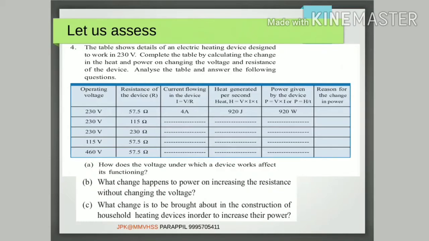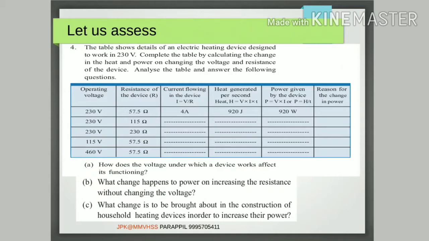In this question, in the third column, we have to calculate current. Current I is equal to V by R. And in the fourth column, we have to find out heat generated per second. That means heat generated in 1 second.